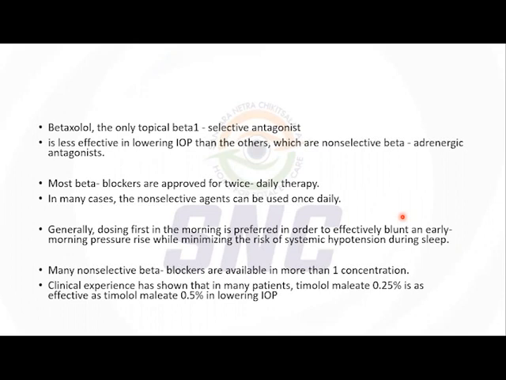Generally, dosing first in the morning is preferred in order to blunt the early morning pressure rise while minimizing the risk of systemic hypotension during sleep. Many non-selective beta blockers are available in more than one concentration. Clinical experience shows that in many patients, timolol maleate 0.25% is as effective as timolol maleate 0.5% in lowering IOP.